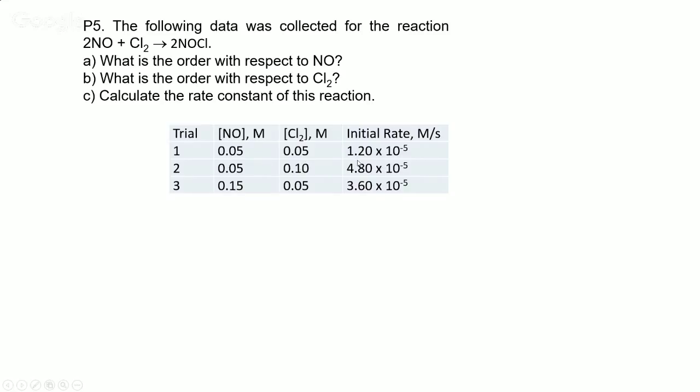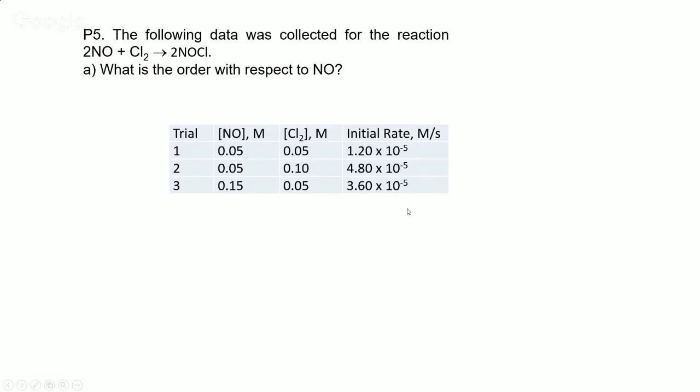So if the rate changes, then whatever's affecting the rate must be the thing you're changing, the chlorine. Then you do it again and you flip it around, keep the chlorine constant and change the NO and see how it affects your rate. So the first thing the question asks is to figure out the order with respect to NO.